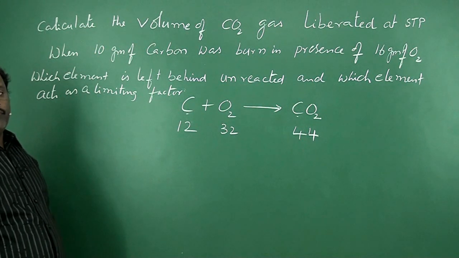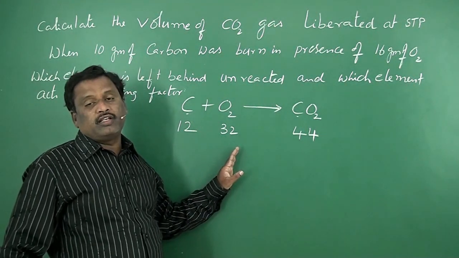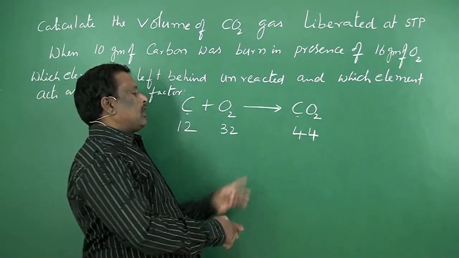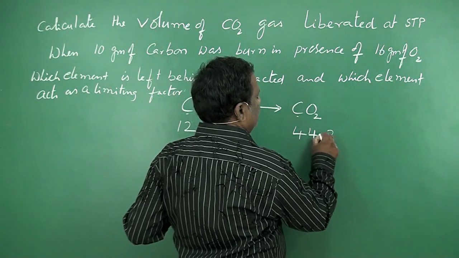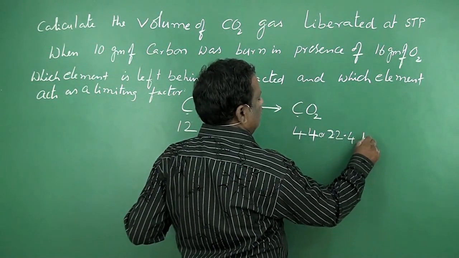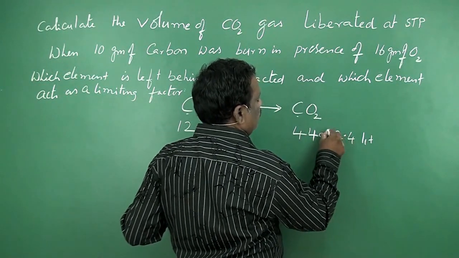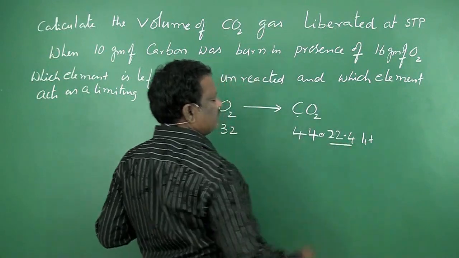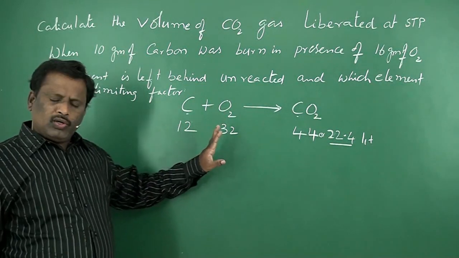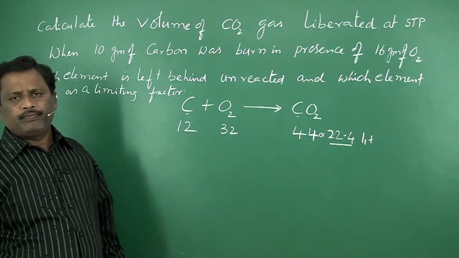That means 12 grams of carbon can react with 32 grams of oxygen to give 44 grams of carbon dioxide. And this carbon dioxide will occupy 22.4 liters at STP. So the volume of this gas is 22.4 liters at STP. So the reaction is always in this formula only.